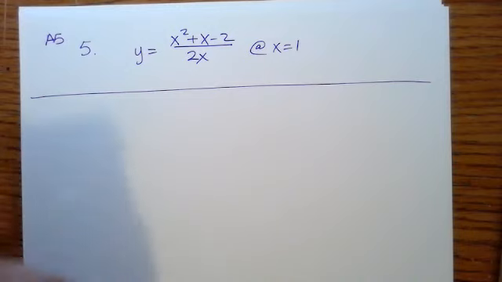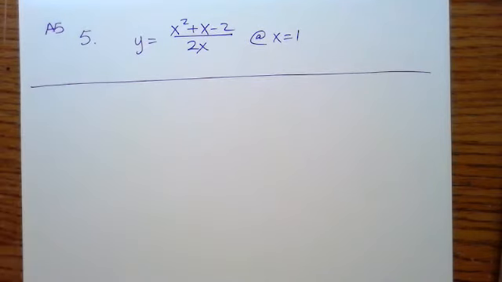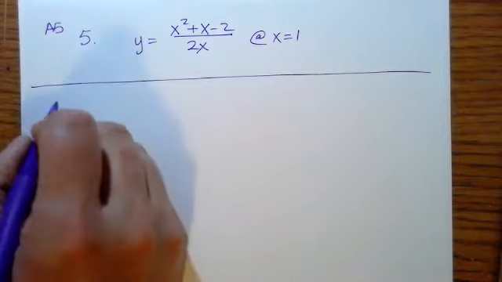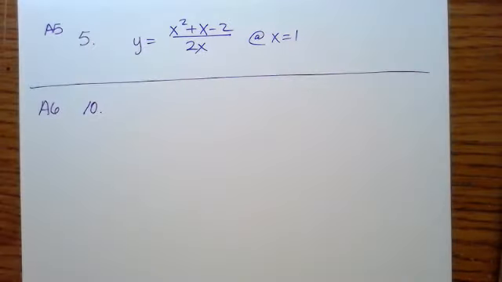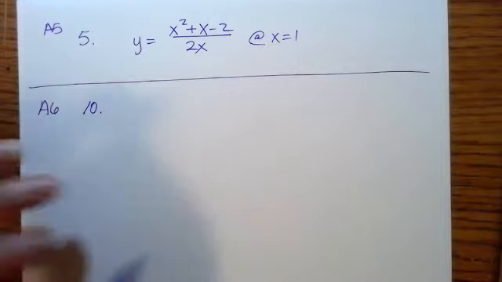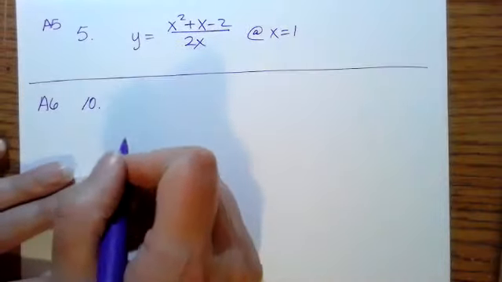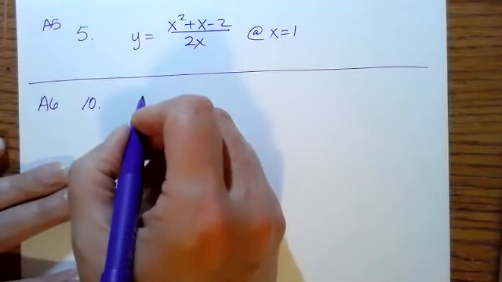I had a question on number 10 on assignment 6. Assignment 6, problem 10. Okay. Something specific about that one? Not really. Just the what the heck? Yes. Okay, so let me get it down.